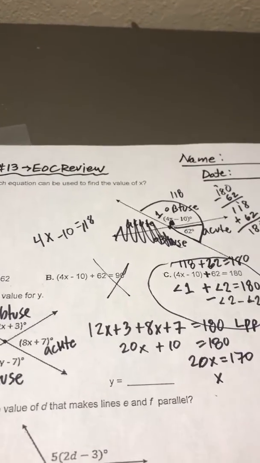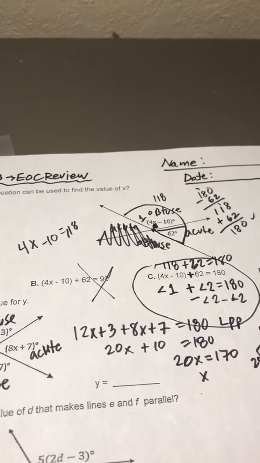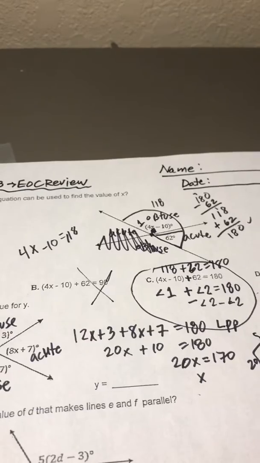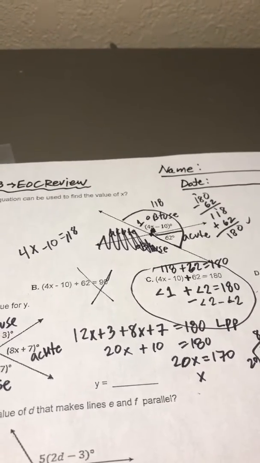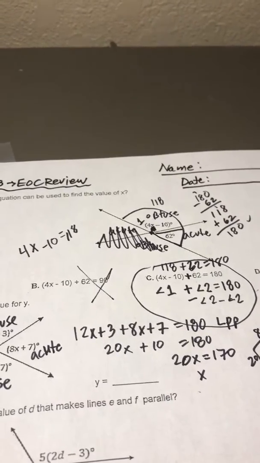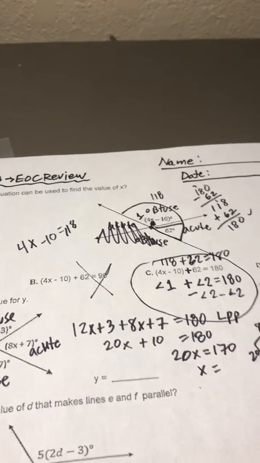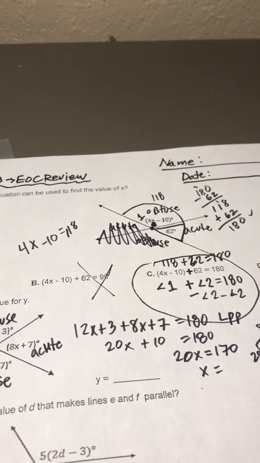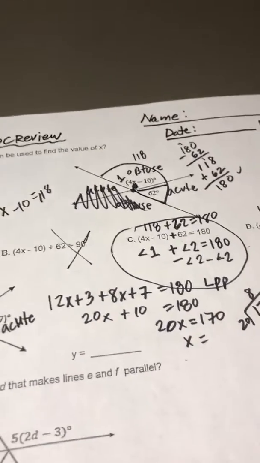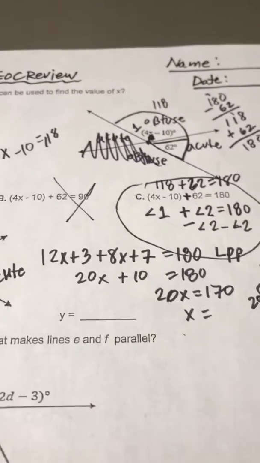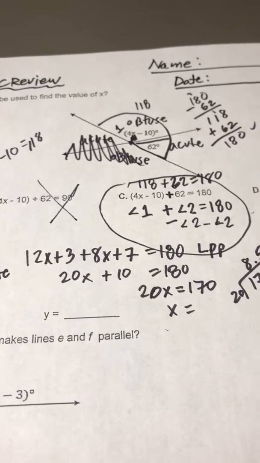So if I divide 170 by 20, I get 8.5. Okay.